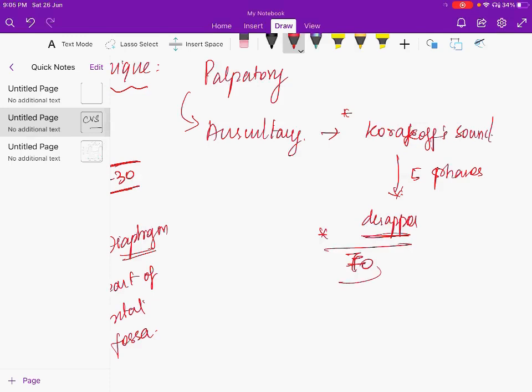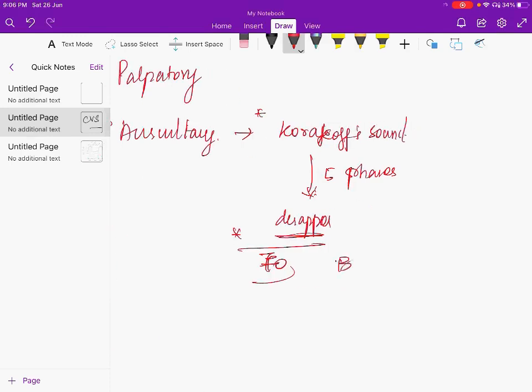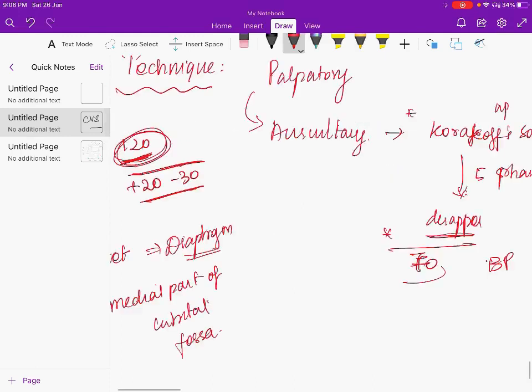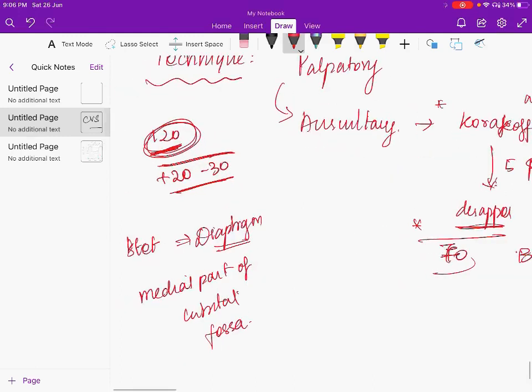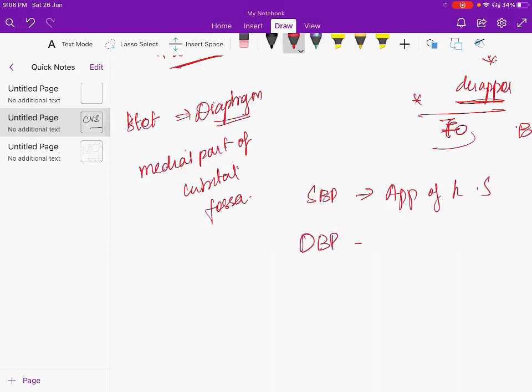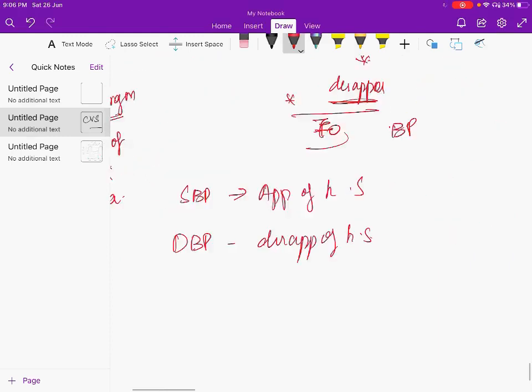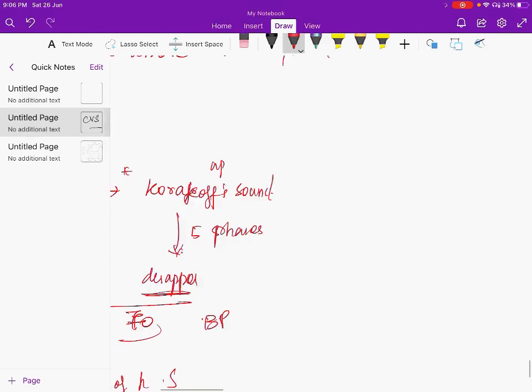This marks your diastole. So systolic BP is the appearance of Korotkoff sound, and diastolic BP is the disappearance of your Korotkoff sound.